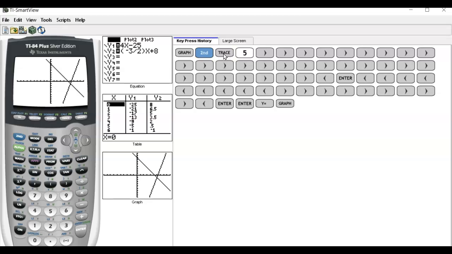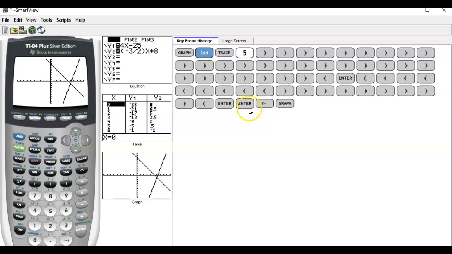The second trace button is calculate, and then we hit number 5. Then I moved the cursor to where it intersects and hit enter, and did the same thing for the second line, moved it close to where it intersects, hit enter, and then it asked me to guess. Yes, I wanted to guess, so I hit enter, and then that gave us the solution.